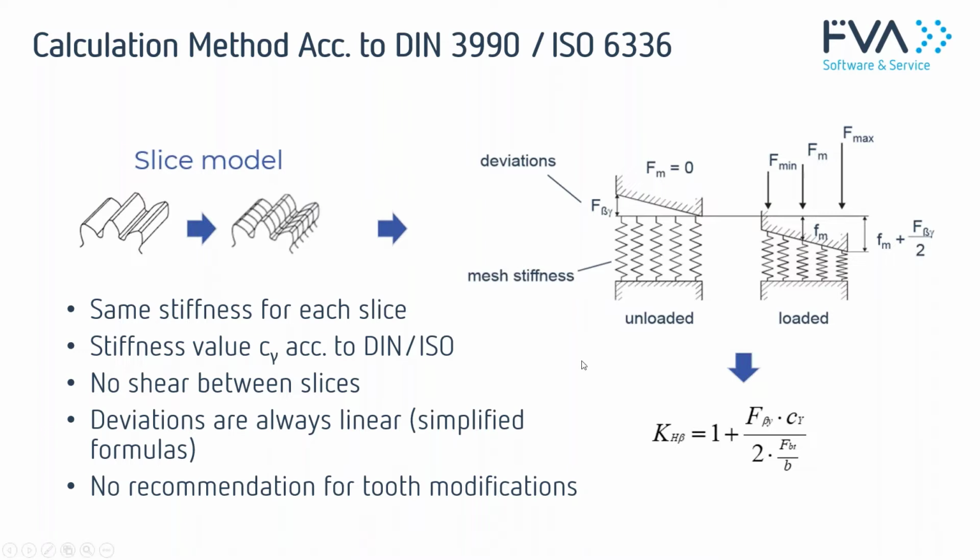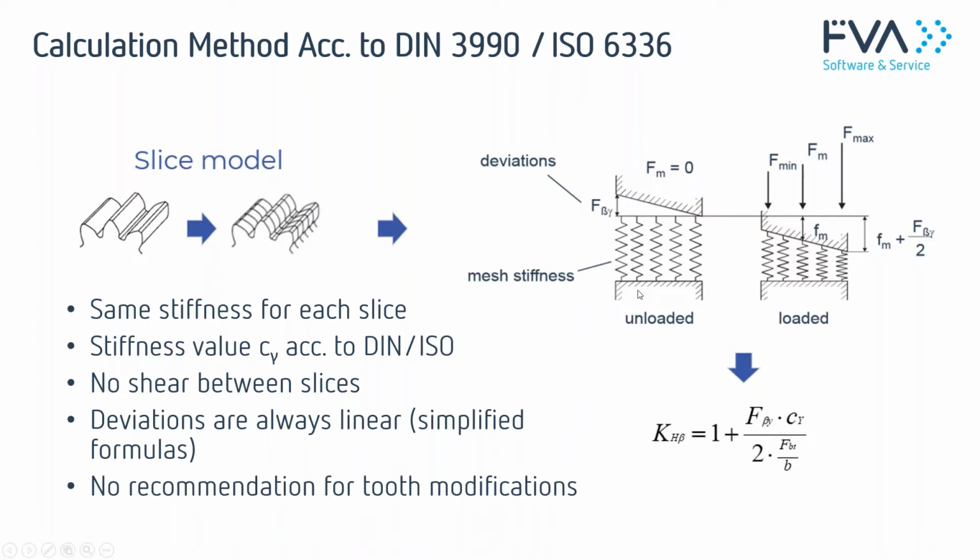The spring stiffness is called the C gamma value in the standard, and each of these springs has the same stiffness value, and there is no influence of one spring on the other, so there is no shear influence along the face width.